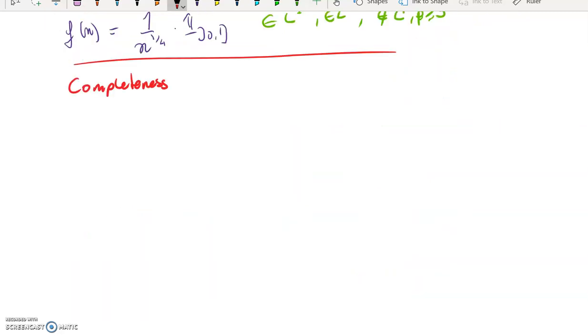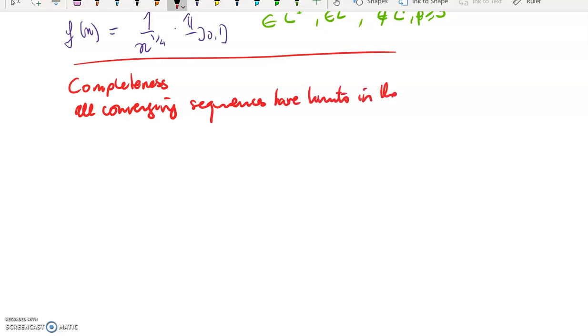So let's talk very quickly now about completeness. That's a property of some spaces, which means that all convergent sequences have limits inside of the space. An example, or rather a counterexample: Q, the set of rational numbers, is not a complete space.